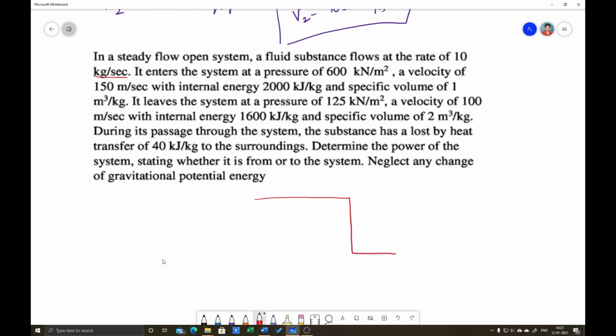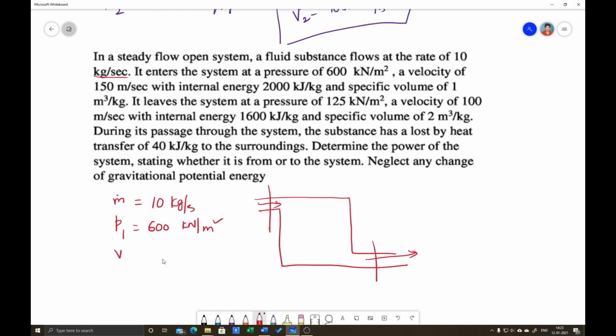So we will assume a system, since it is a steady flow energy equation. This is inlet, this is outlet. So m dot is equal to 10 kg per second.